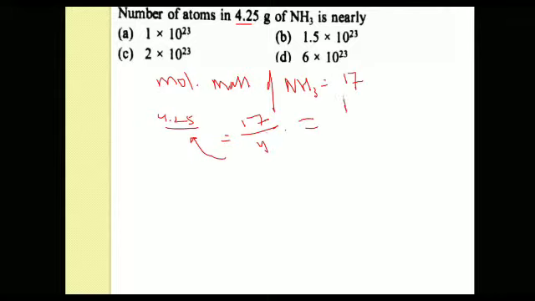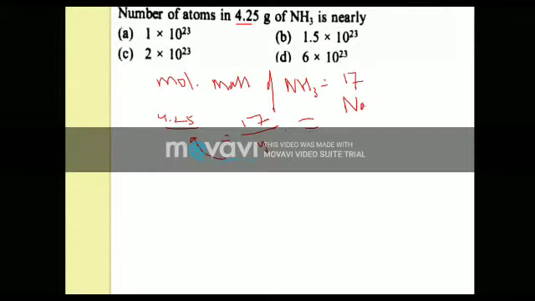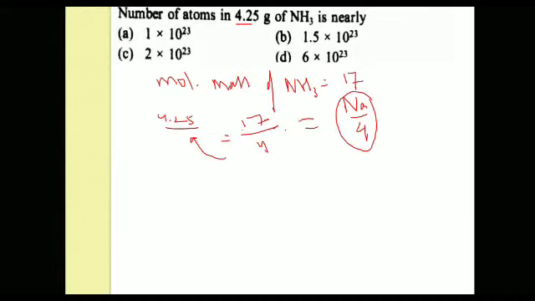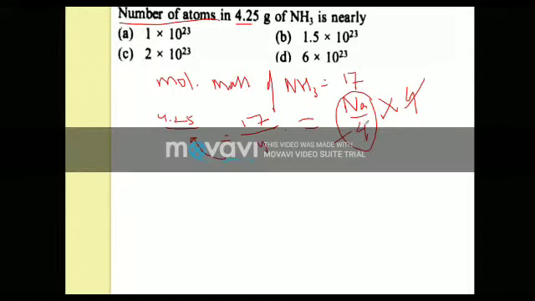Similarly, 17 grams will have Avogadro's number of molecules. This also is divided by 4. These many molecules you will have in 4.25 grams. Now you have to go to the number of atoms. To calculate the number of atoms, you just multiply it by 4. 4 and 4 get cancelled and you will get Na.